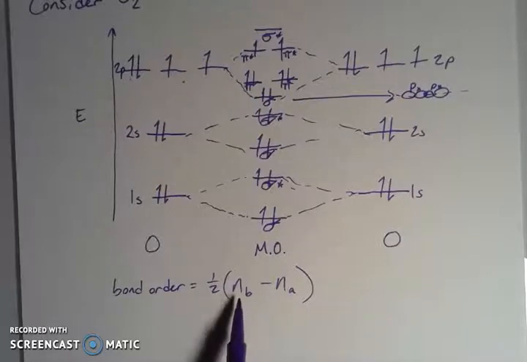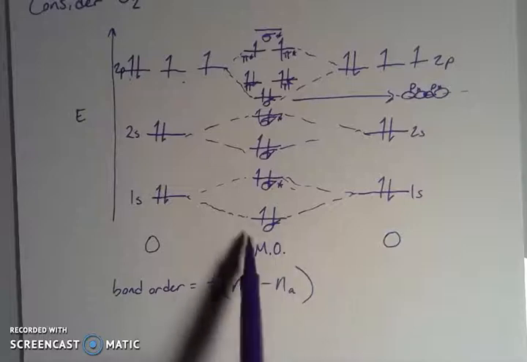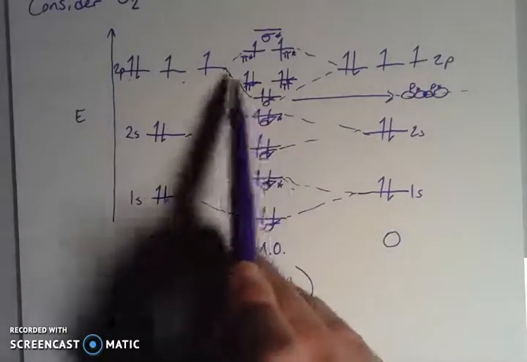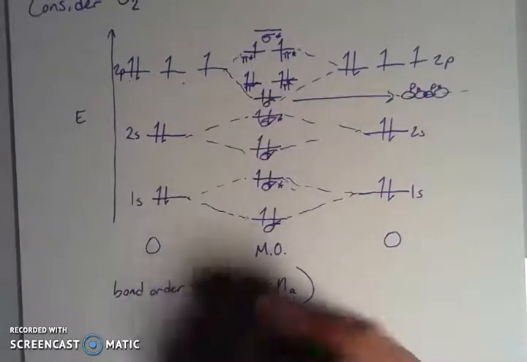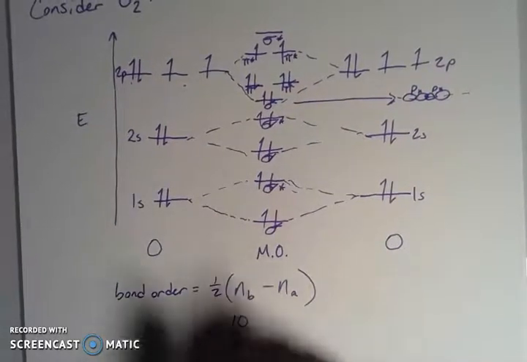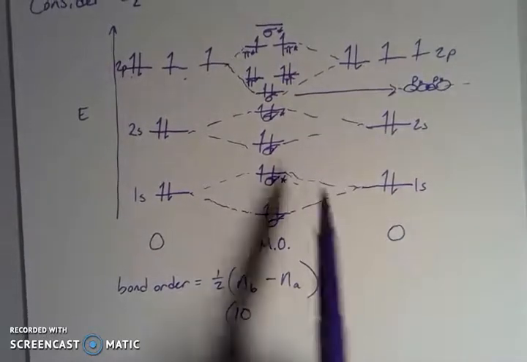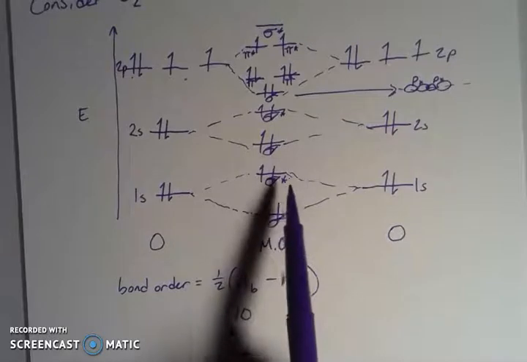So for number of electrons in bonding orbitals, I add up everything that doesn't have a star. So I have 2, 4, 6, 8, 10. 10 in bonding orbitals. Now I'm going to look for the total number of electrons in anti-bonding orbitals. So anything that has a star.